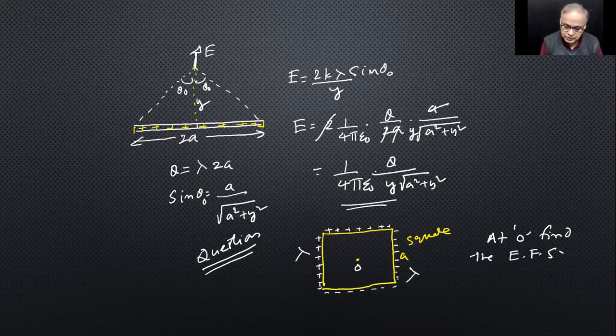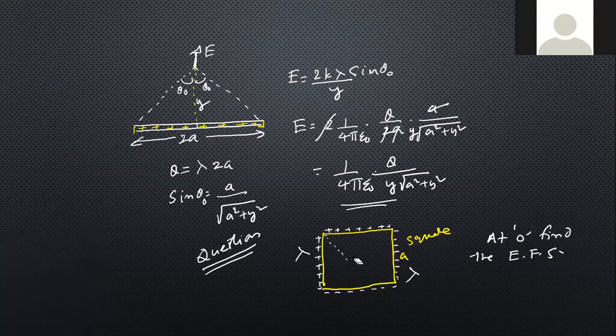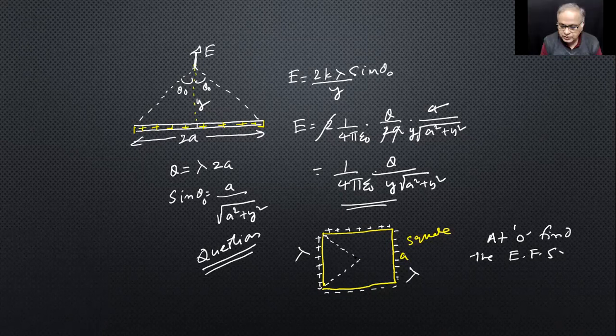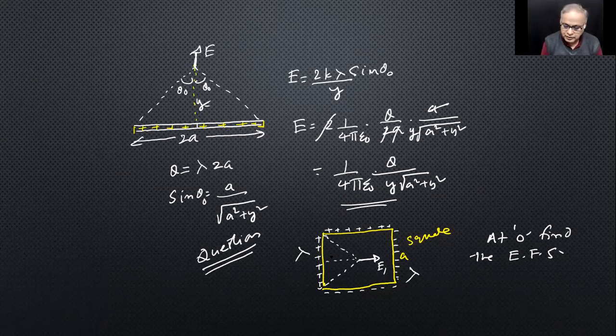Let me consider this positive line. Because of this, it is like this, right? E1. How much is that? This is y. Y will be how much? A by 2. And what is this angle? 45 degrees.